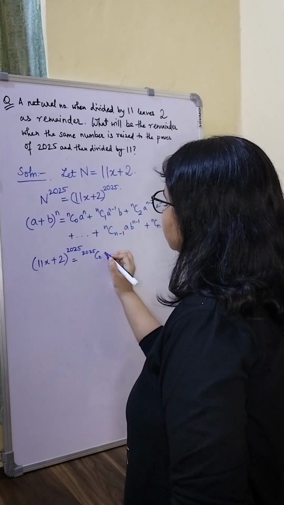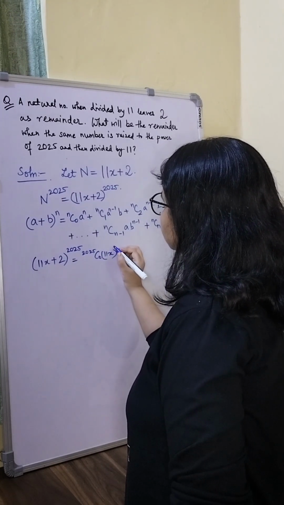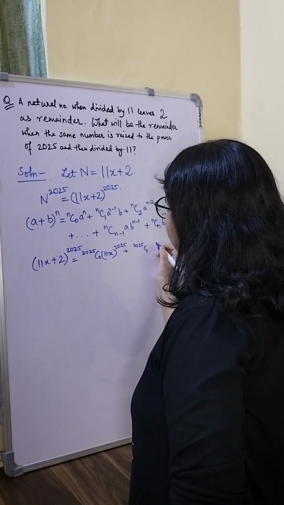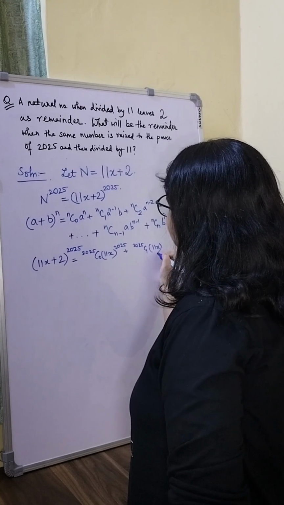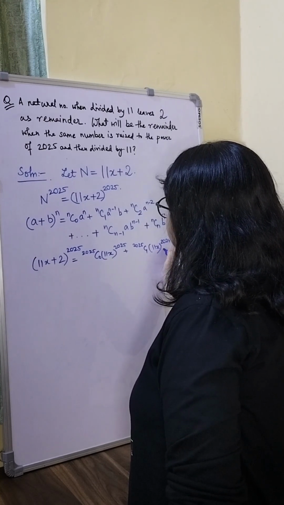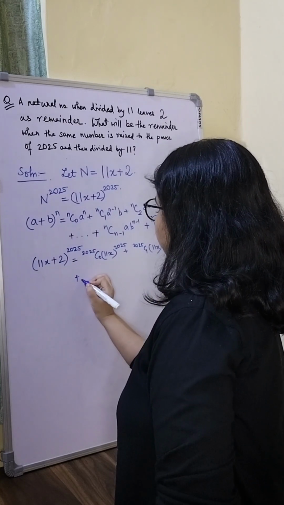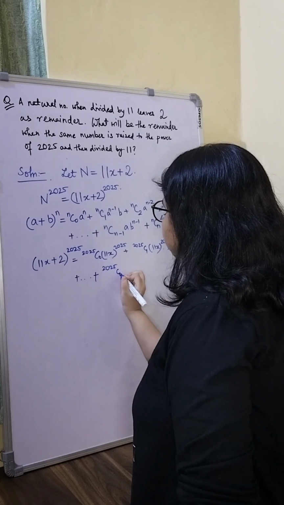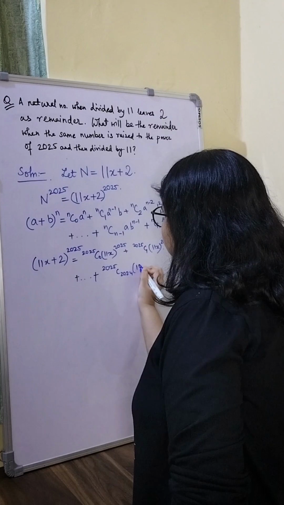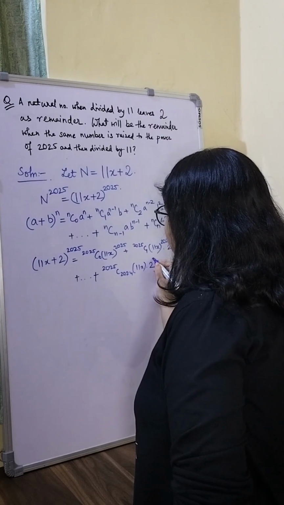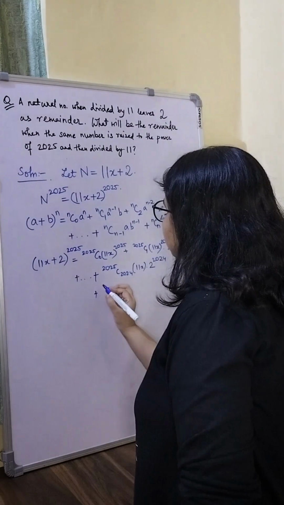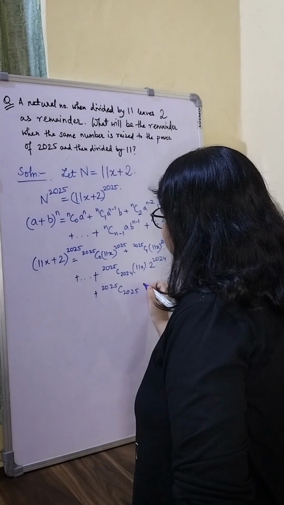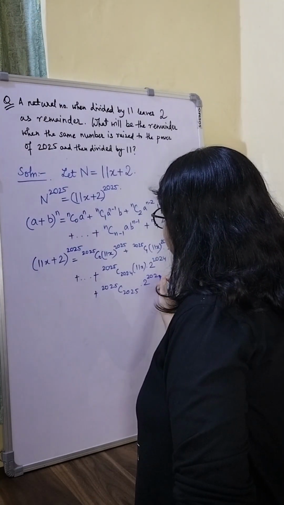2025C0 (11x) to the power of 2025 plus 2025C1 (11x) to the power of 2024 into 2, plus and so on, plus 2025C2024 (11x) into 2 to the power of 2024 plus 2025C2025 into 2 to the power of 2025.